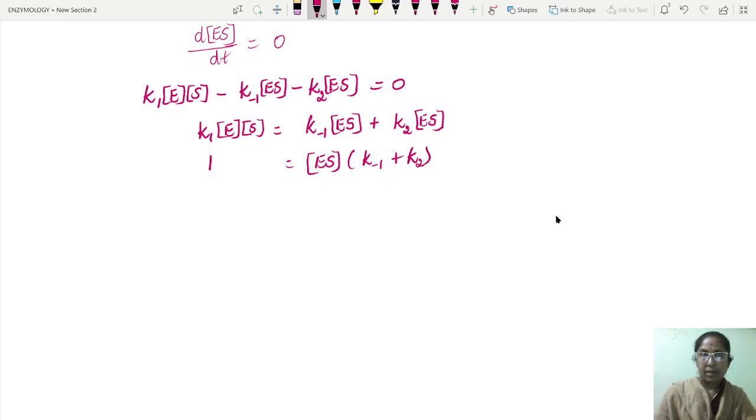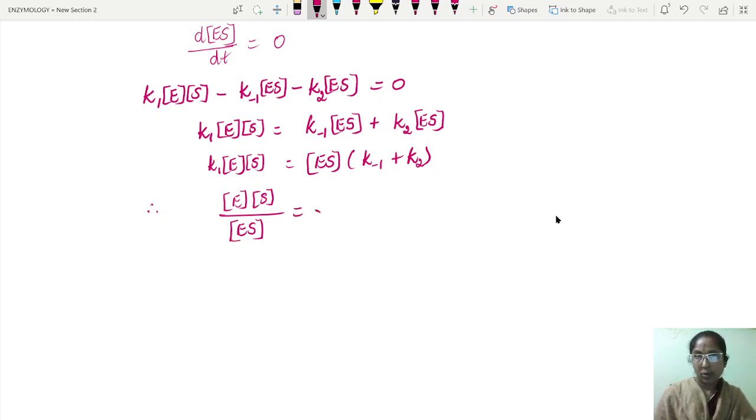So therefore, here it will be k1 as usual, E into S. Therefore, E into S by ES complex is equal to (k-1 plus k2) by k1.